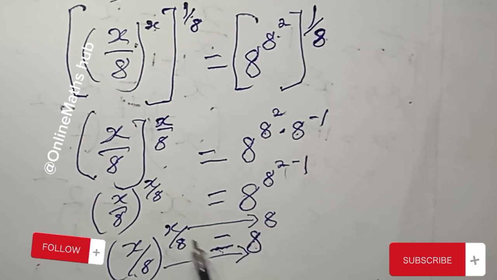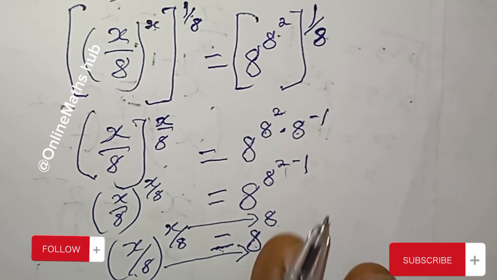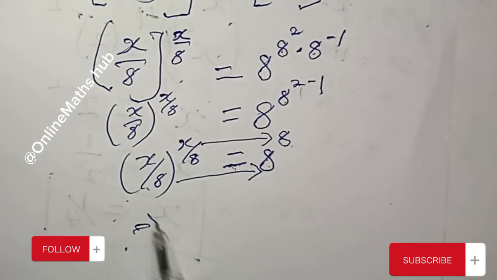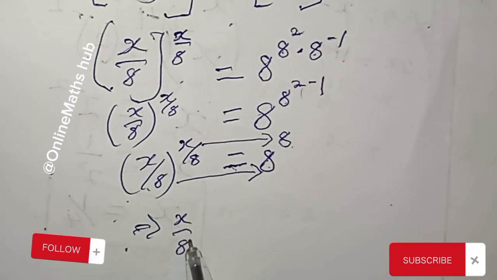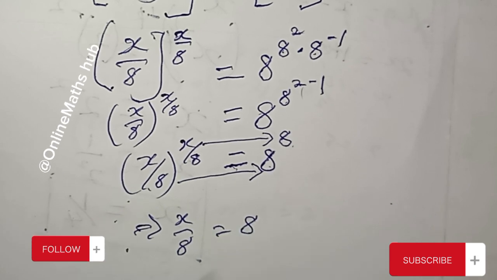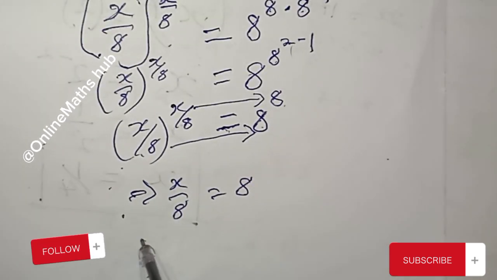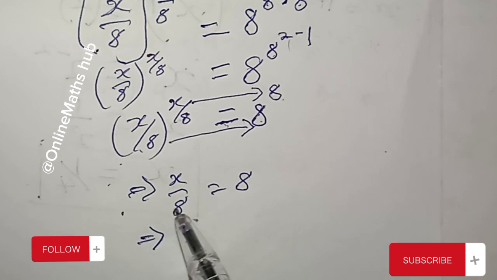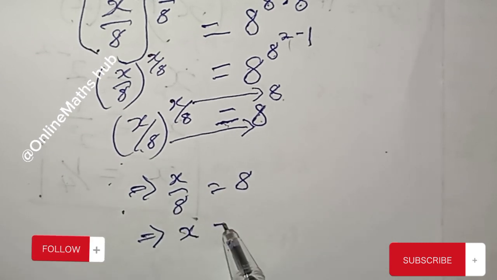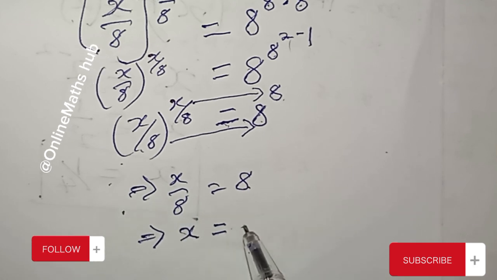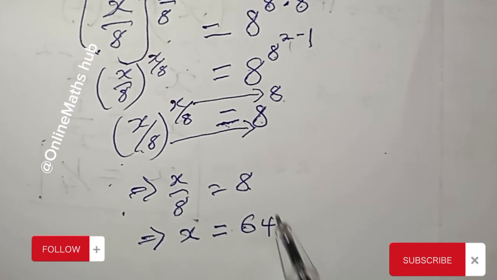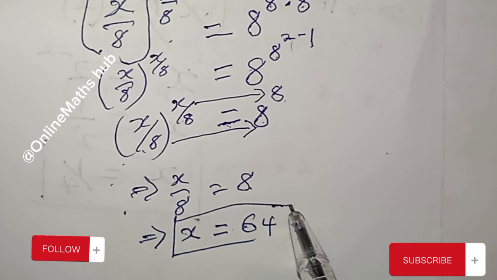The base is the same and the power is the same, which implies that x over 8 is equal to 8. Multiplying both sides by 8, x gives us 8 times 8, which is 64, and that is the final value.